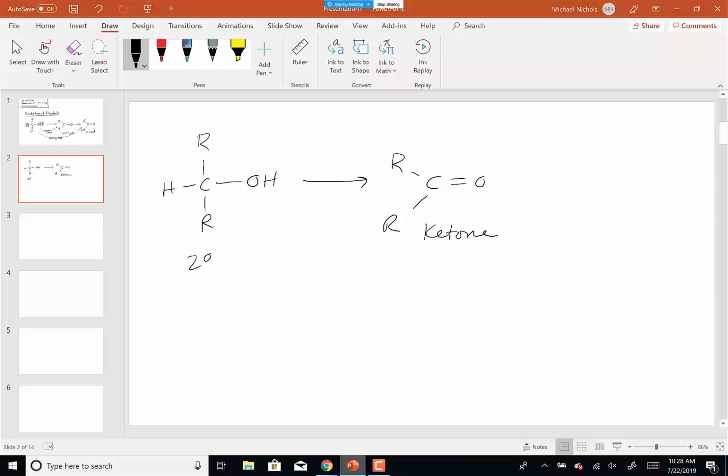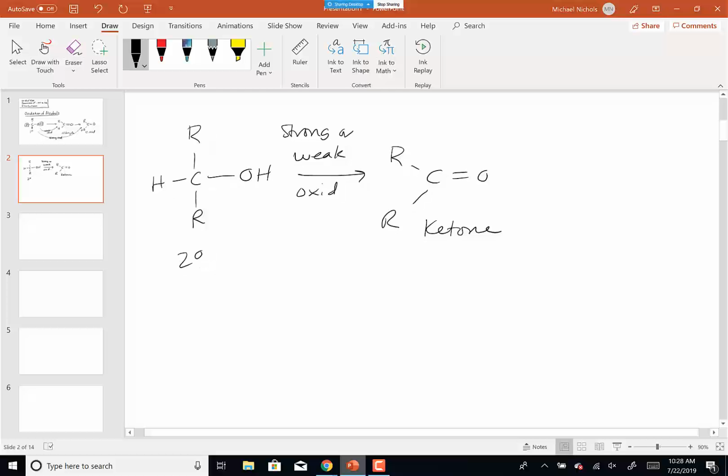In this case, either the strong or the weak oxidizers will go to a ketone. So there's no two sets of reagents, it's just one. So what we have to do is list the strong oxidizers and the weak oxidizers.